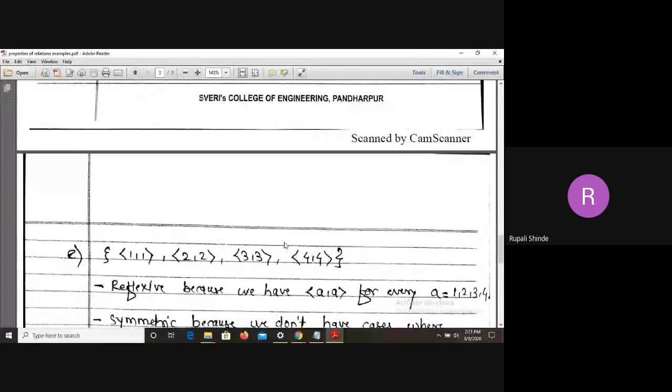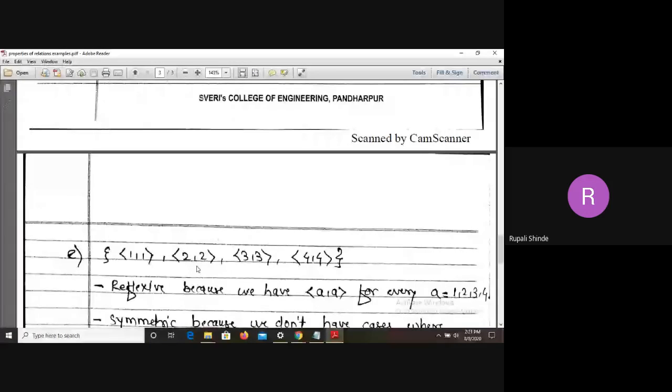It is transitive because the first ordered pair is (1,1). Then if there is any other ordered pair whose first element is 1, only then are we going to check whether the new ordered pair we have obtained is present in the relation or not.